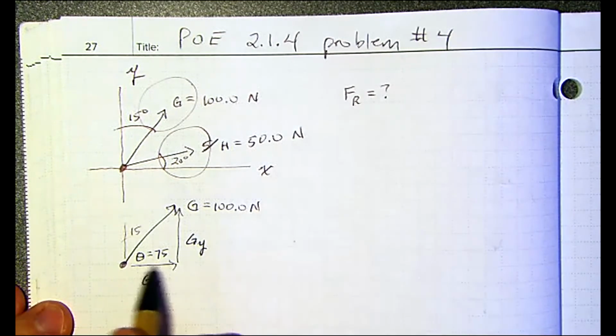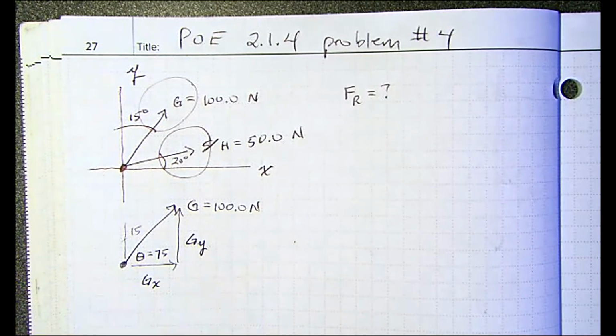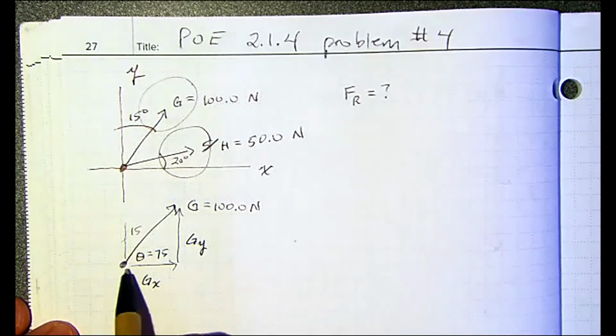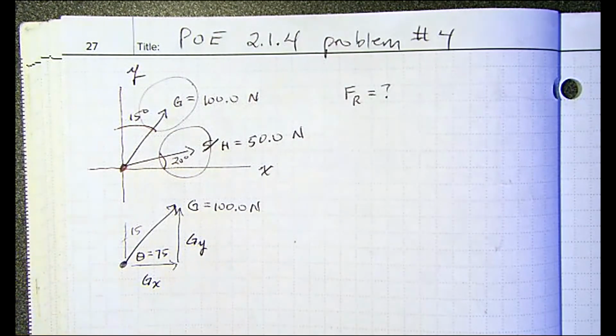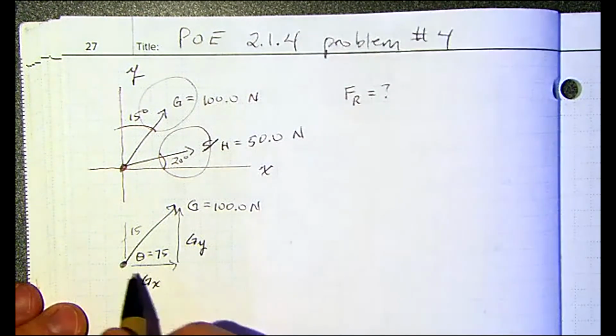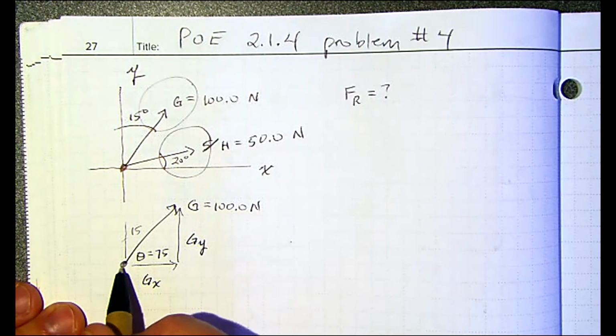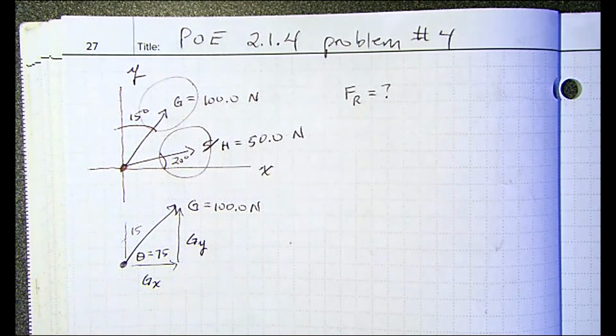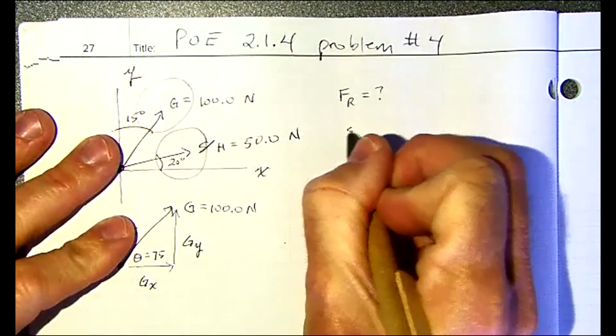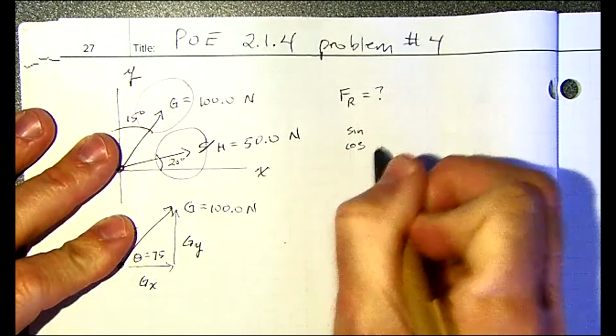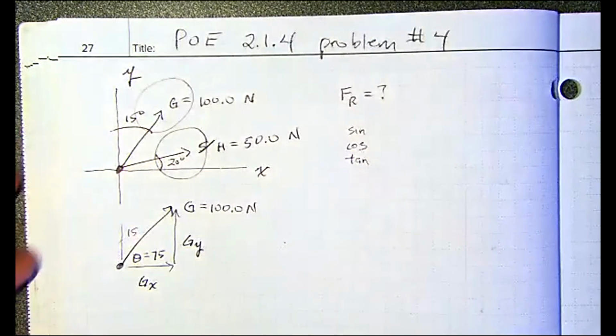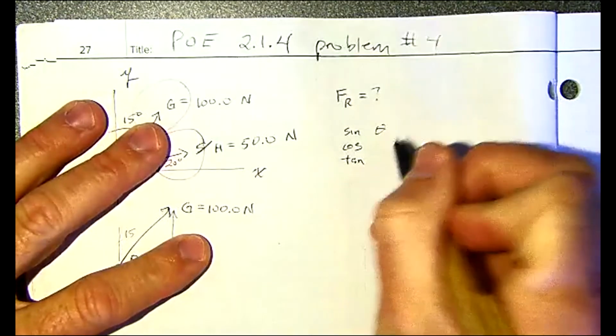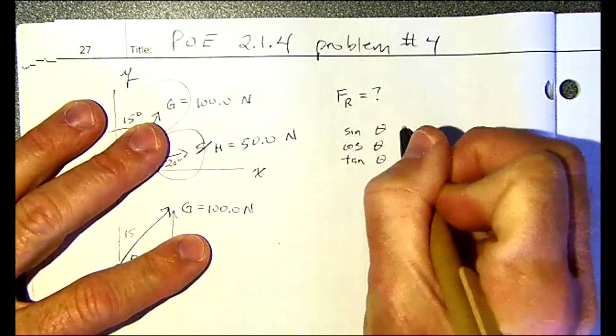But this G sub X, if you remember the sine, cosine, and tangent business, this G sub X that I want to find first, just because, you know, X comes before Y, this G sub X that I want to find is adjacent to that angle. So if you remember adjacent, and I guess, should I list them again? Sine, cosine, tangent, remember those? Sine of theta and cosine of theta and tangent of theta equals.